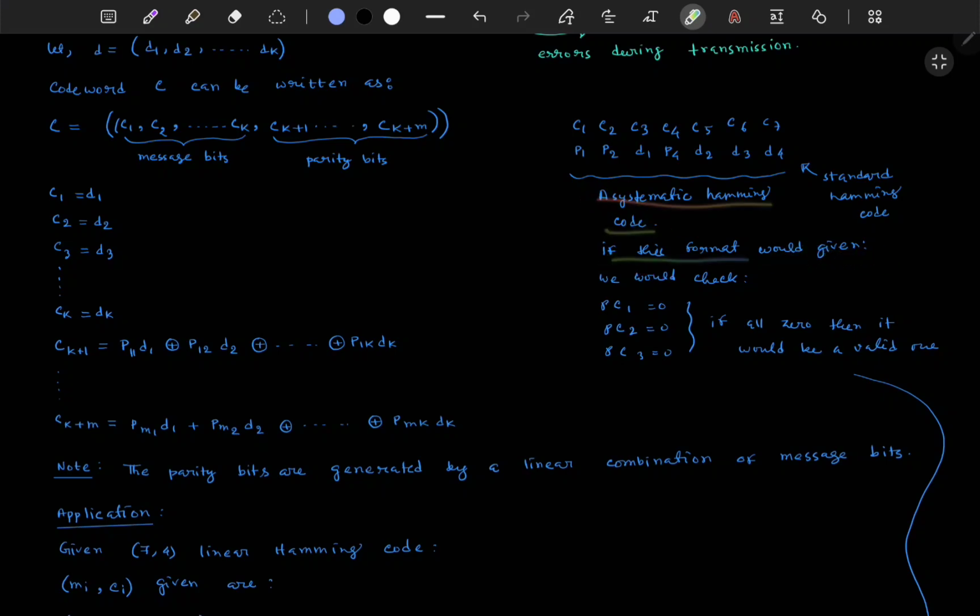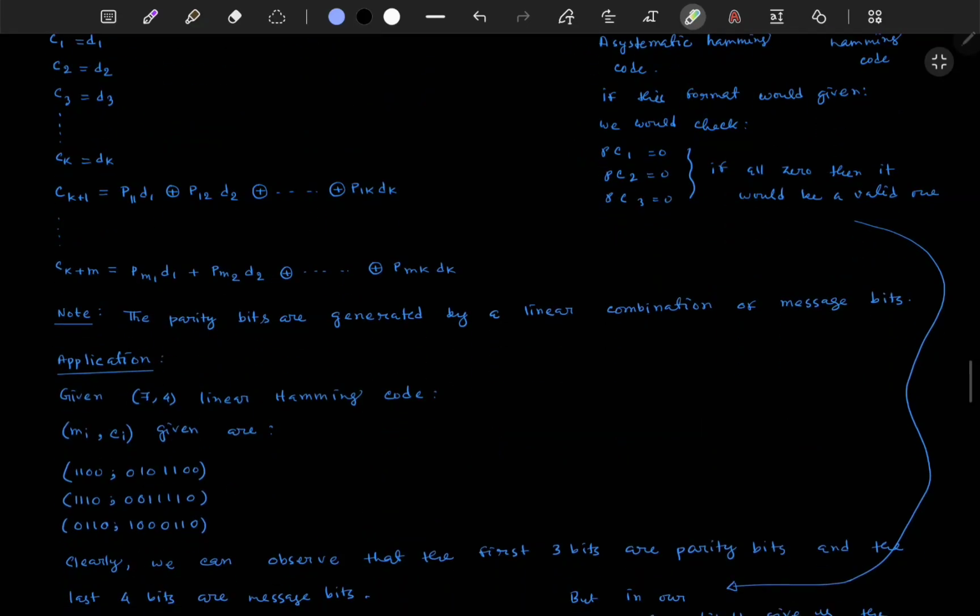If the standard format were given in the question, then we would check that the parity checks PC1, PC2, PC3 should be 0. If all are 0, then it would be a valid one.